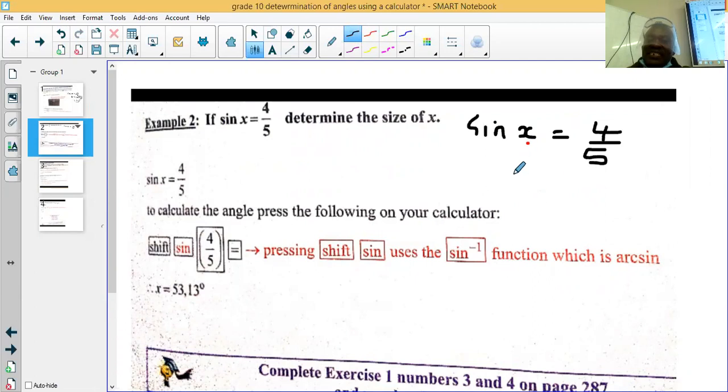We press shift. Now in the first one, we pressed shift and pressed cosine. It gave us arccos. Now, if you press shift and press sine, what do you get?